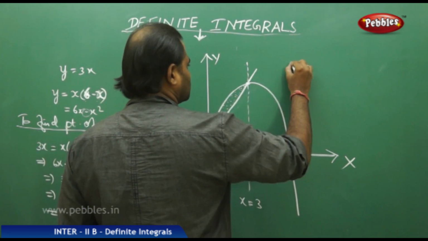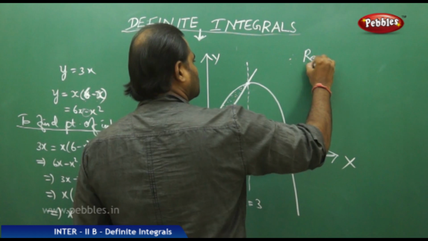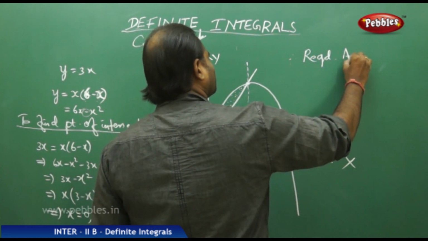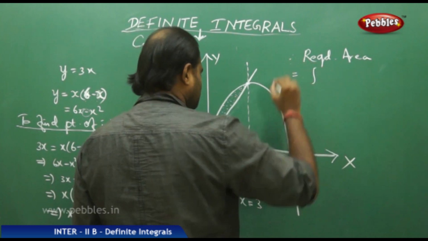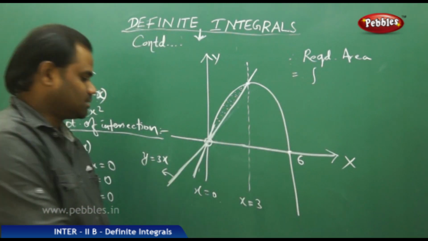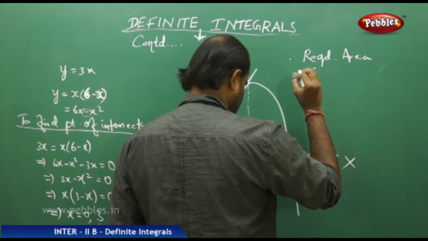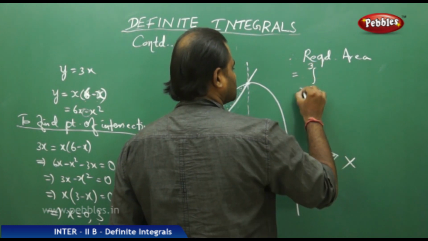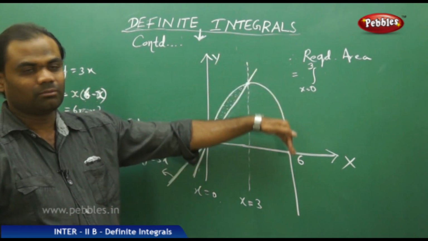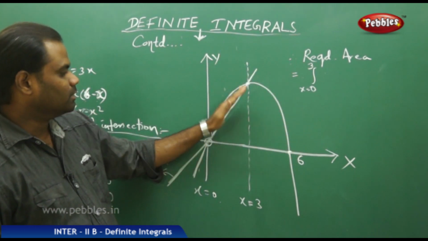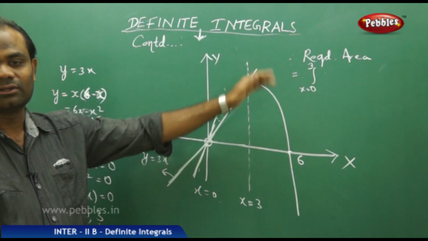So therefore the required area of the shaded region is the integral, lower limit of x with respect to x-axis and upper limit of x, of the upper curve. As I see, the upper curve is the parabola, and the line is below the curve, so the line is the lower curve.